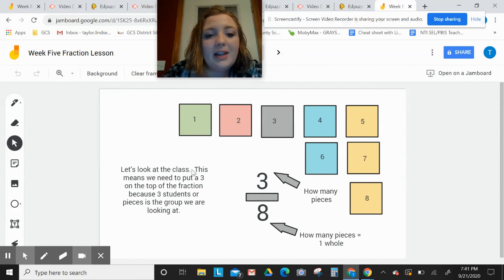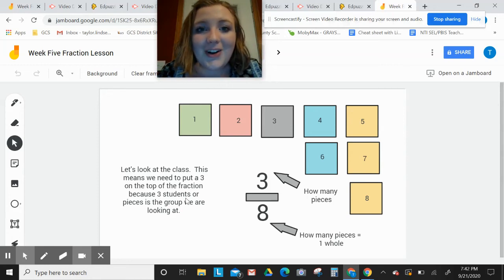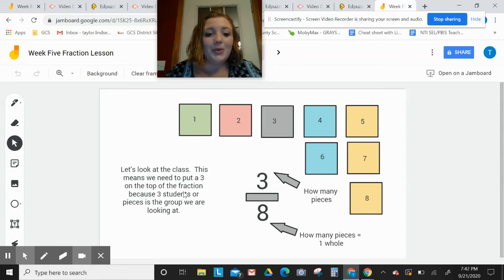So we would look at the class, and it says this means we need to put 3 on top of the fraction because we counted 1, 2, 3 students, or pieces as we're calling them, in the group who like the color yellow as their favorite color.